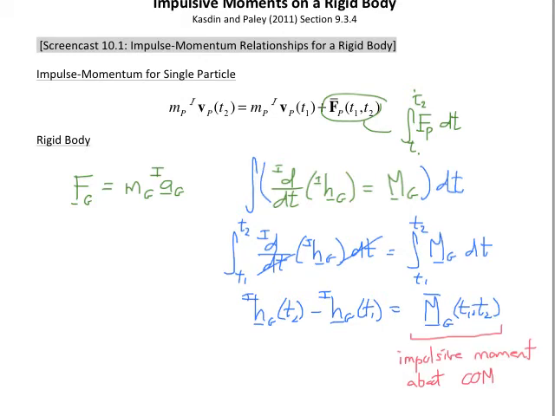And so now with this expression, where the change in the angular momentum is equal to the impulsive moment about the center of mass, we can apply an impulsive moment to get that change from time 1 to time 2. And once again, our time from t1 to t2 is very short, so it's almost an instantaneous change in this angular momentum.